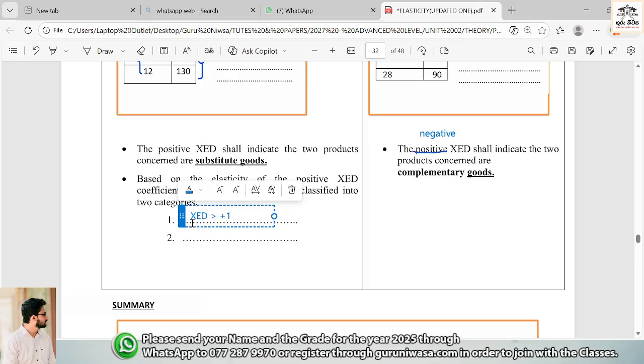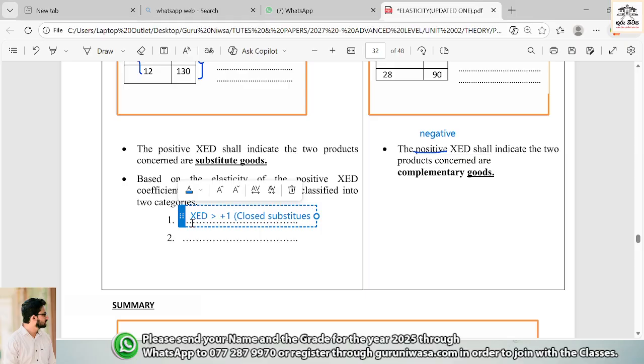Is it elastic or inelastic? Elastic. If XED is a positive value that is elastic, more than 1, these products are called close substitutes. Can you write it down? Close substitutes.